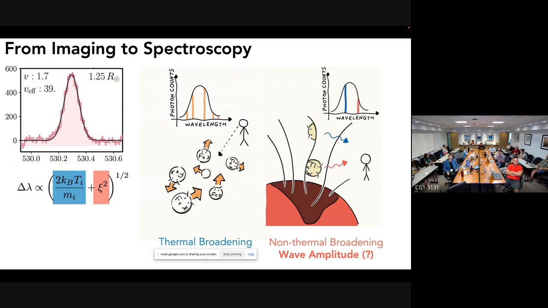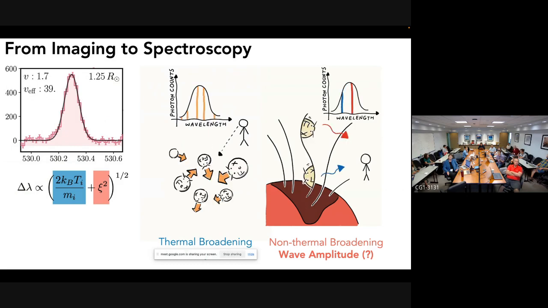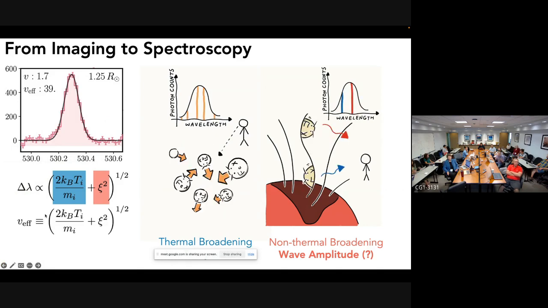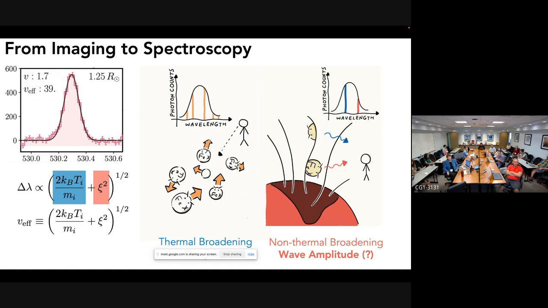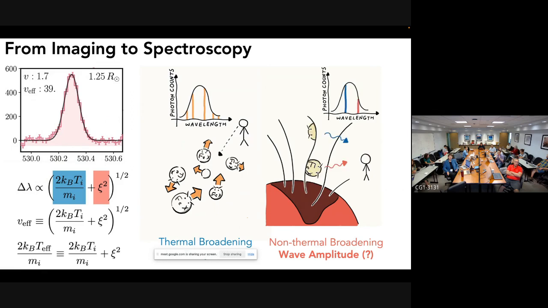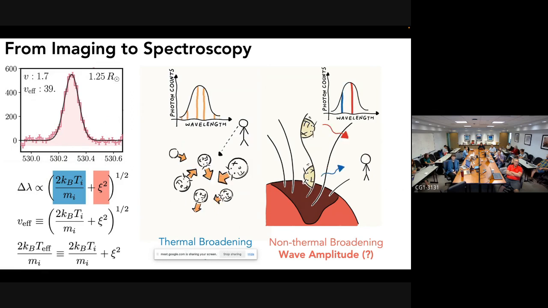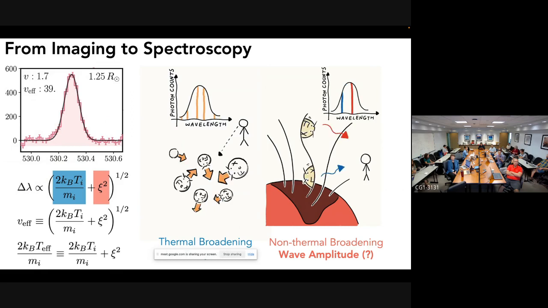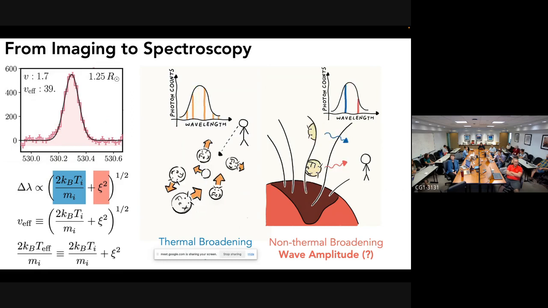It might be wave-driven, but it's hard to say. So in the rest of my talk, I will use effective velocity or effective temperature to represent total line width. I think the definition of the effective velocity here is the same as the 1/e velocity used by COMP, so we're on the same page.